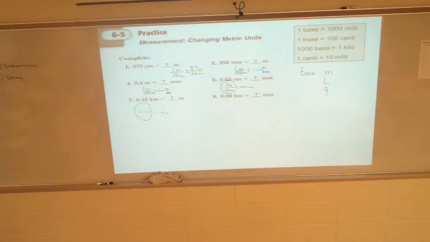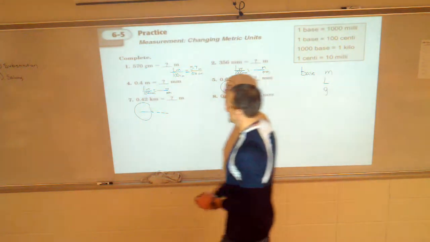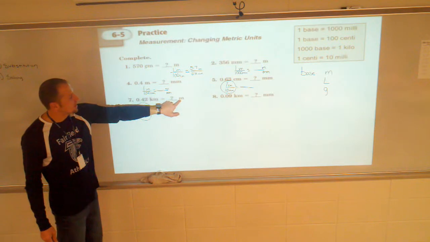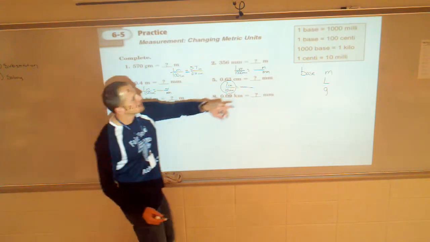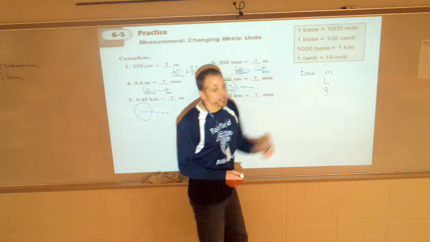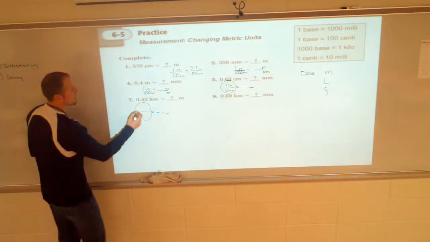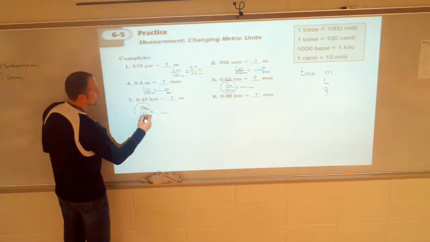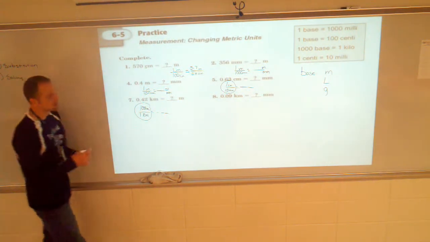Okay, everybody showing me the right numbers, 1,000 and 1, but you have to be able to tell me which is which. Kilo and my base. So, right here, 1,000 base equals 1 kilo, so I've got 1,000 meters is equal to 1 kilometer.